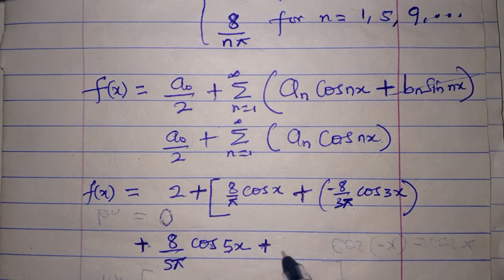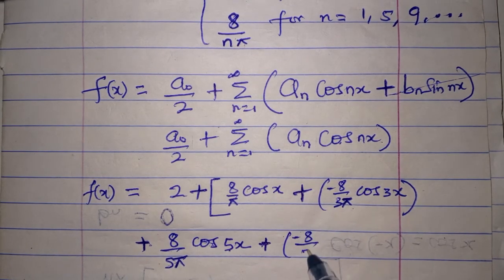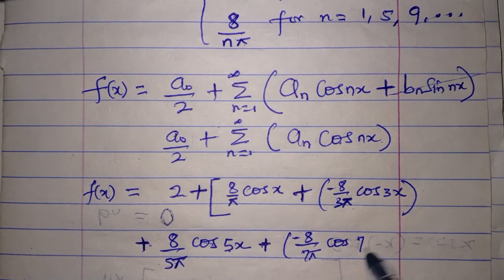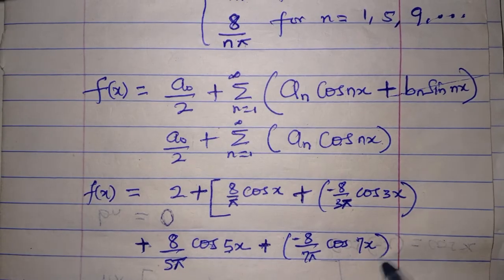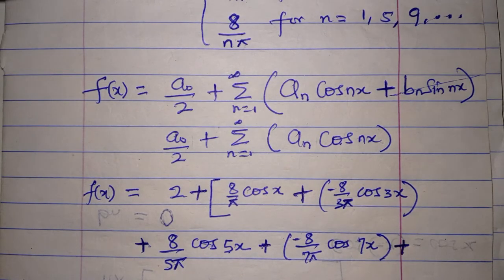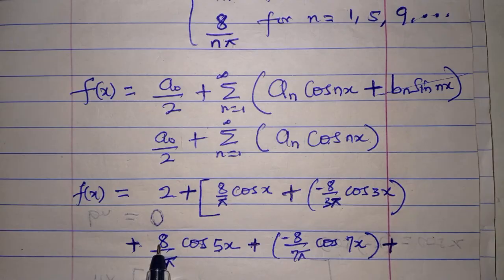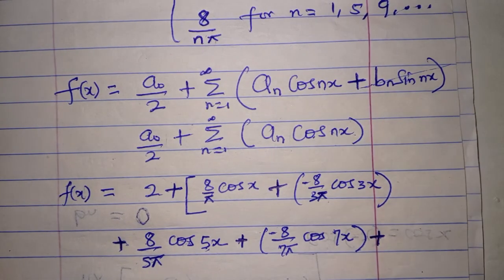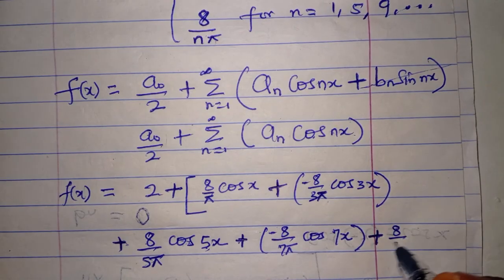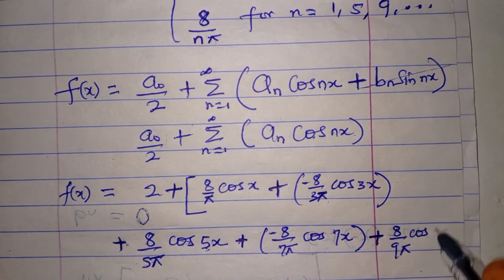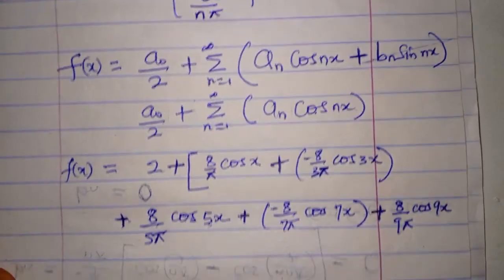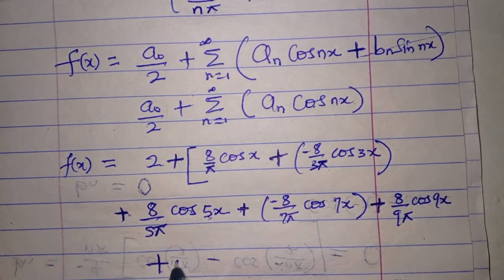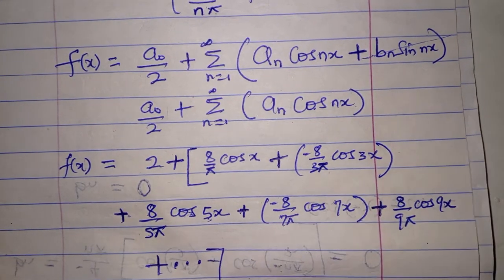So we have minus 8 over 7 pi cos 7x. For n equal to 9, we're having 8 over 9 pi cos 9x, and so on and so forth.